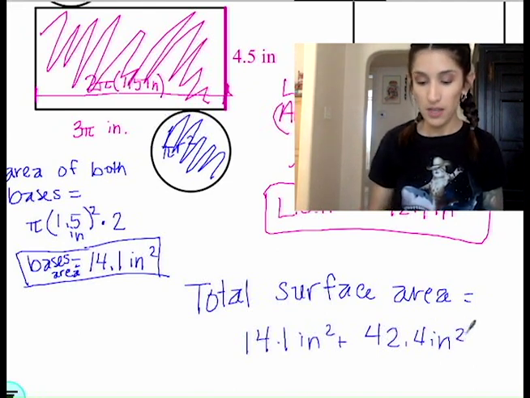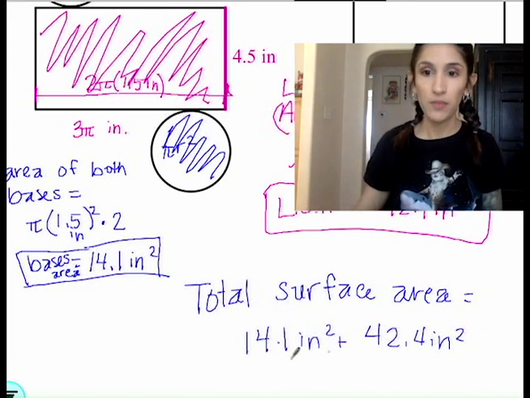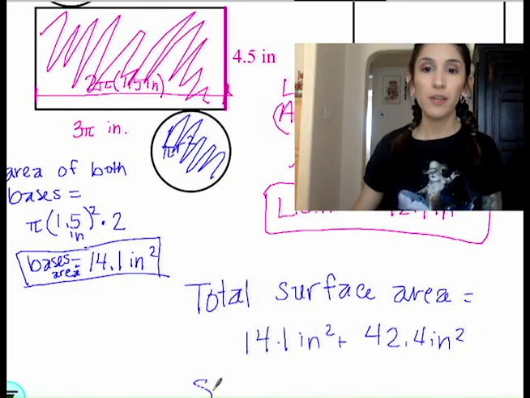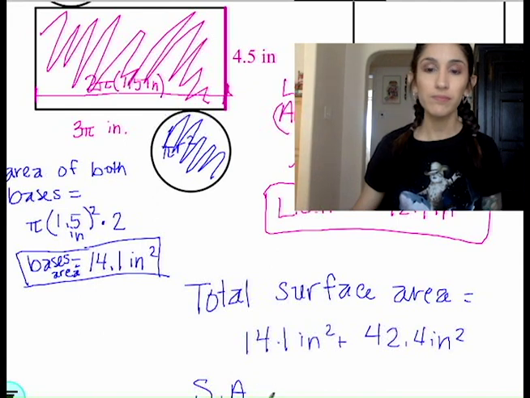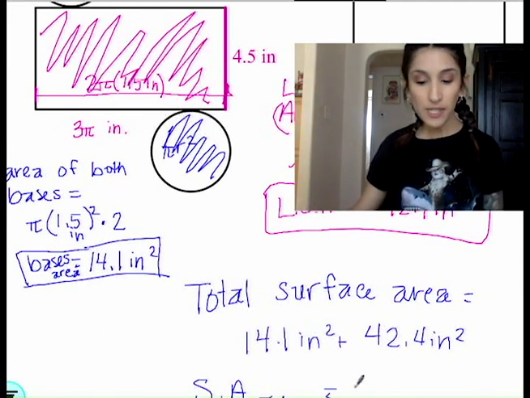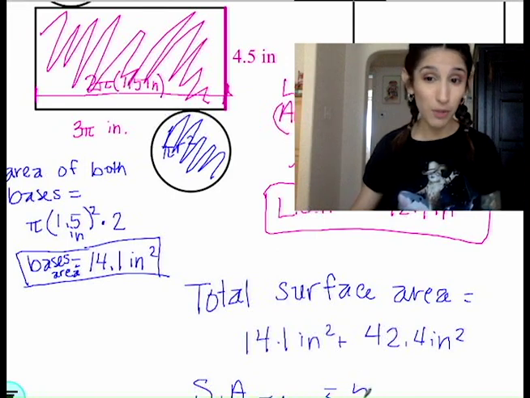And then let me get that for us. So we've got total surface area is equal to 56.55. I'm going to round it to that.